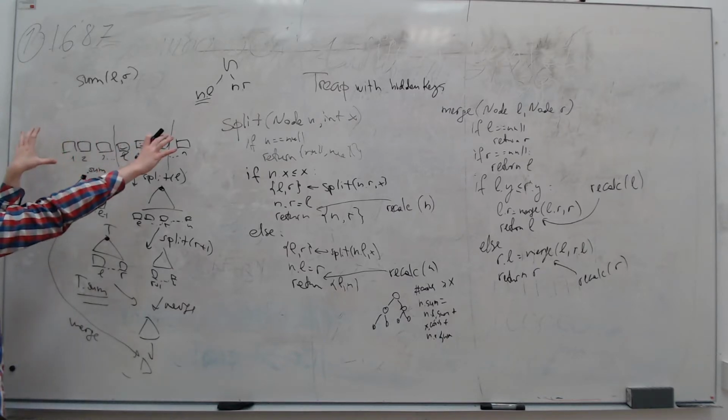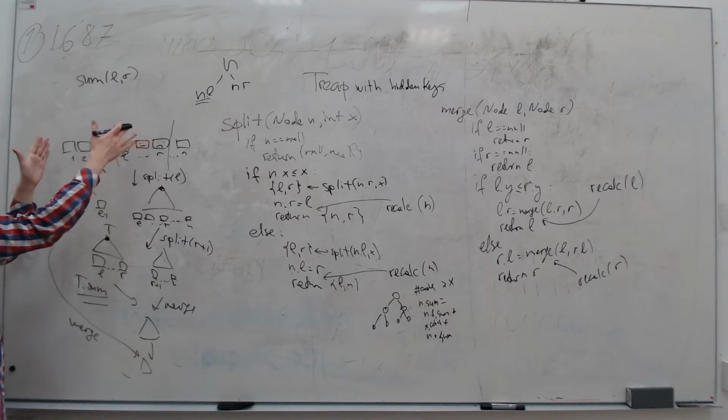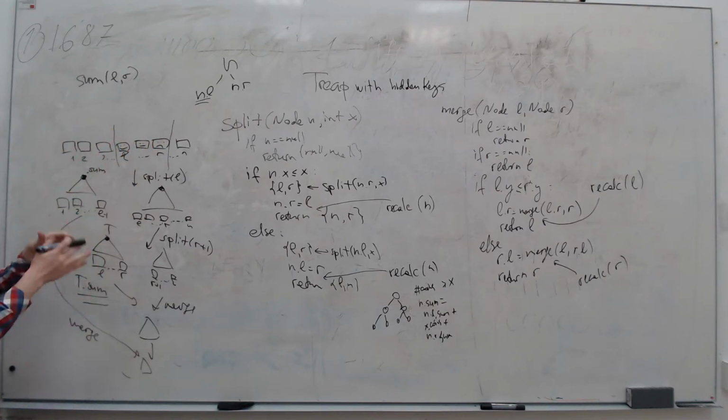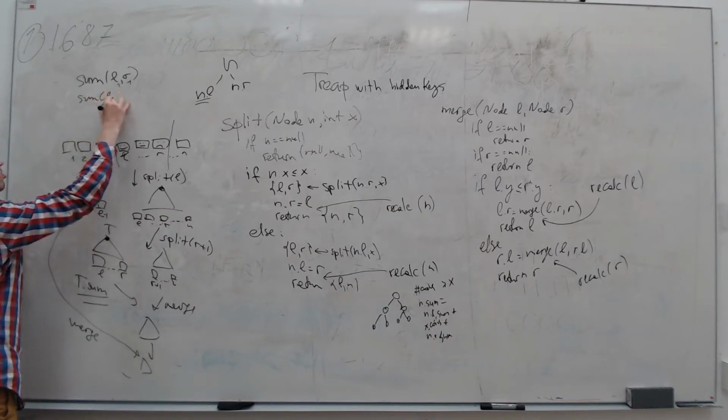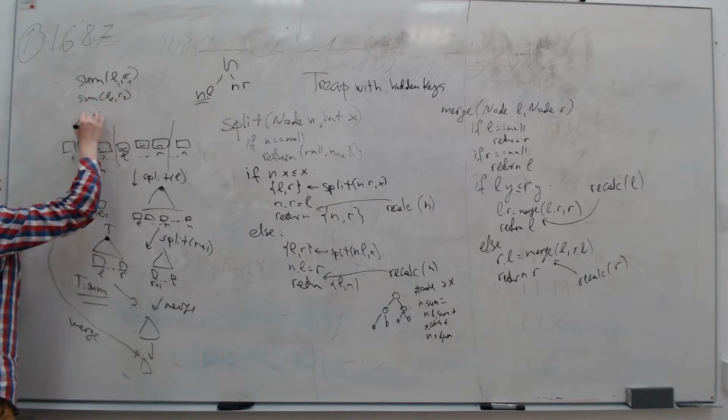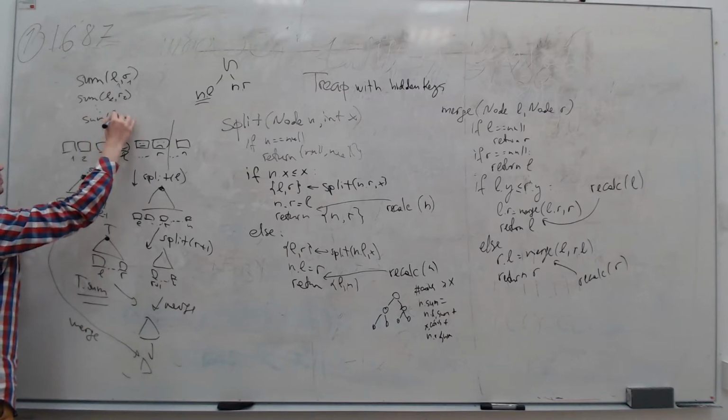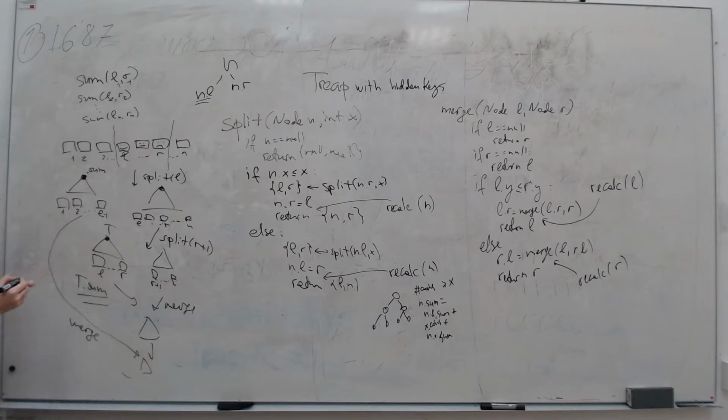So you built the tree already, and you are asked several queries, like sum L1 R1, sum L2 R2. Basically, the operation of split and the operation of merge, right? Yeah. What is the complexity of split and merge?